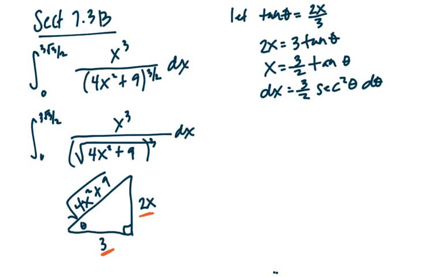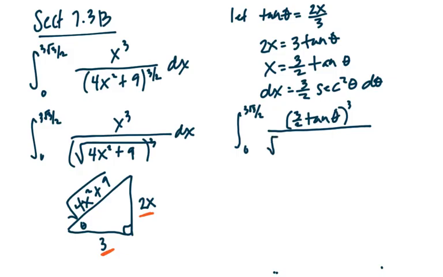So we're going to plug all that in, and we're going to say the integration from 0 to 3 square root of 3 over 2. That's not going to be fun to carry all the way through, but we're doing it. We have x to the third, so x is 3 halves tangent theta to the third.